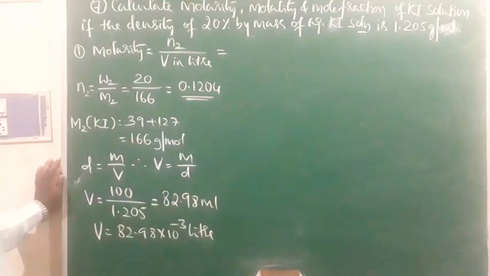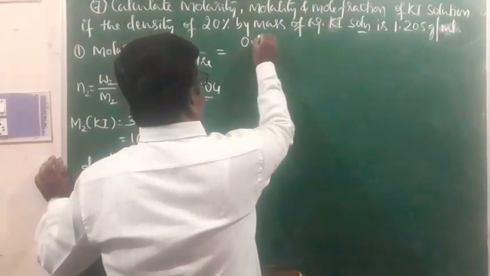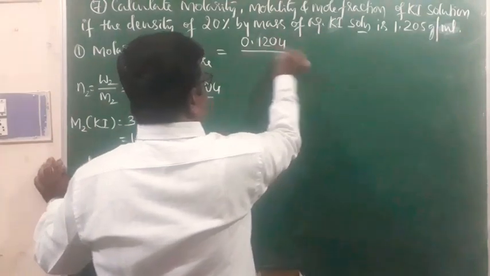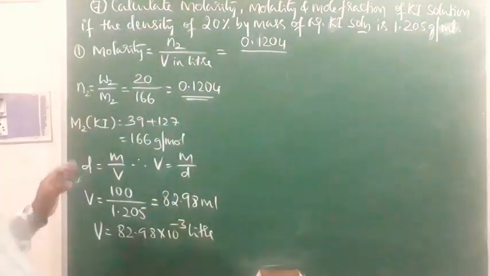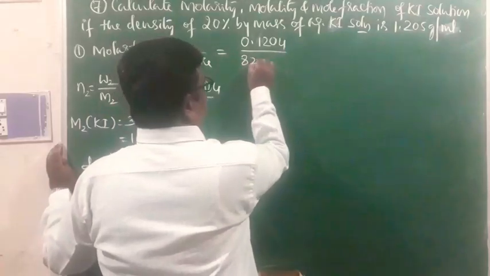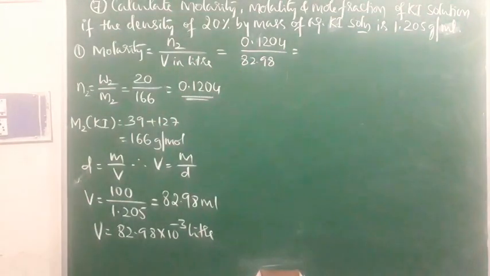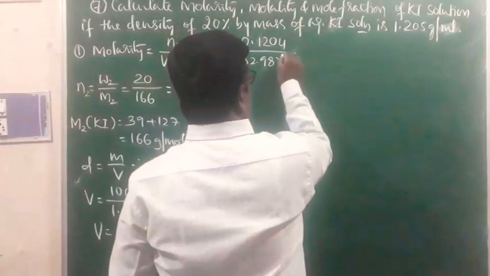Substitute. The number of moles is 0.1204, and the volume in liters is 82.98 into 10 to the power of minus 3.